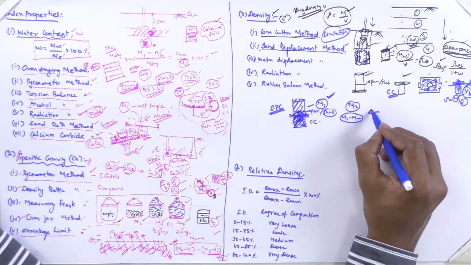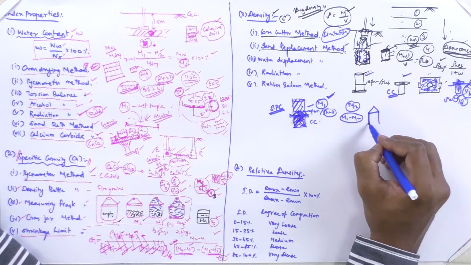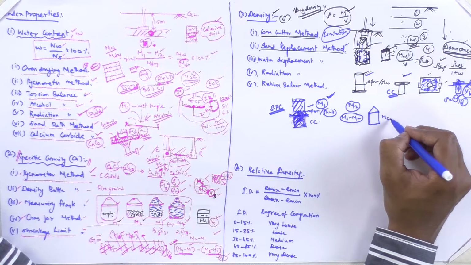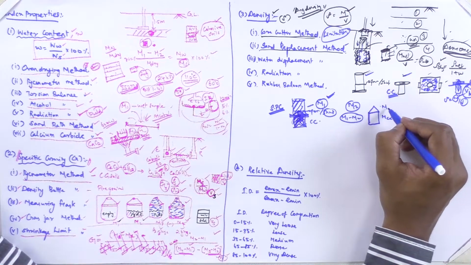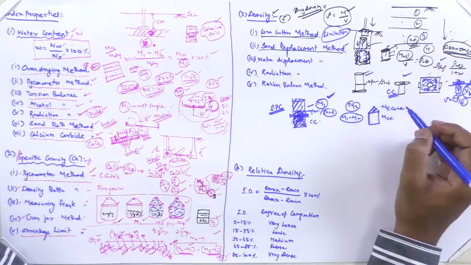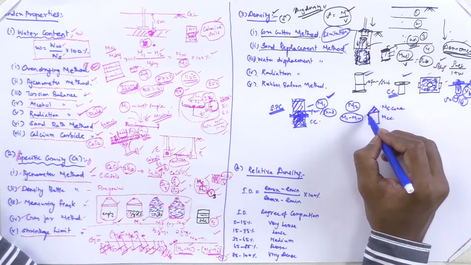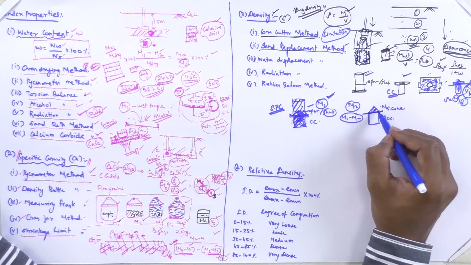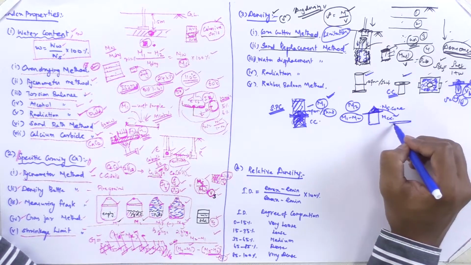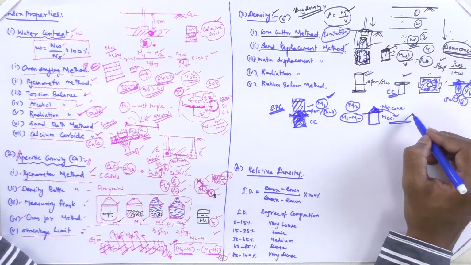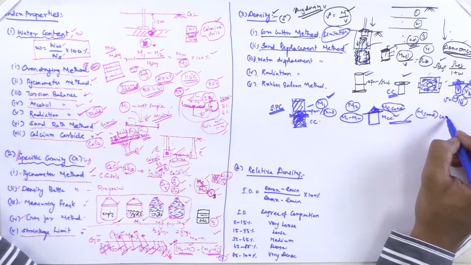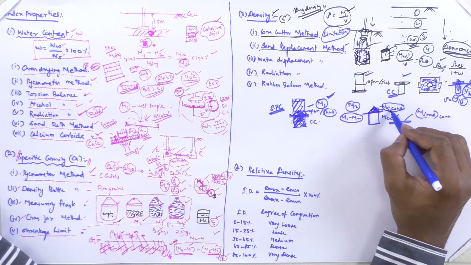So M1 minus M2 will give the mass of sand in the calibrating container and the cone. At the cone, the sand is projected outside, so you spill this sand onto a paper or tray and weigh it, and you get the mass of sand at cone.